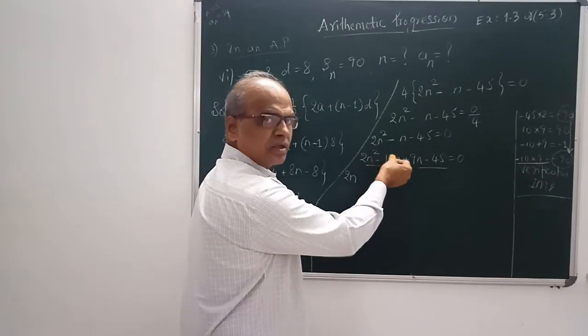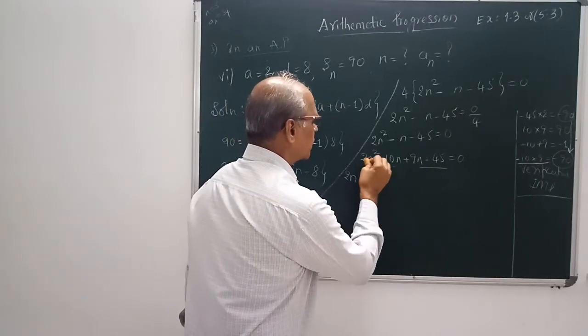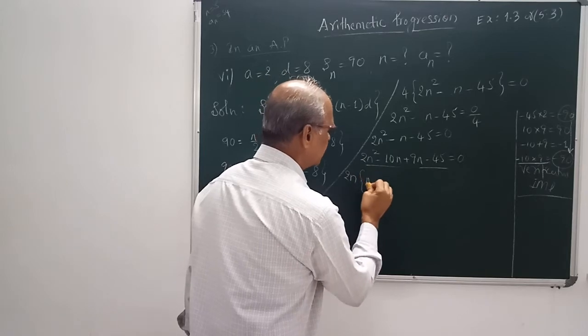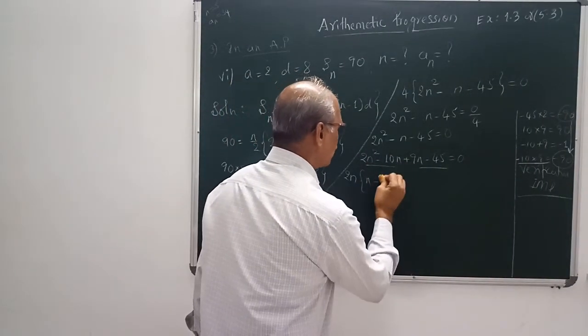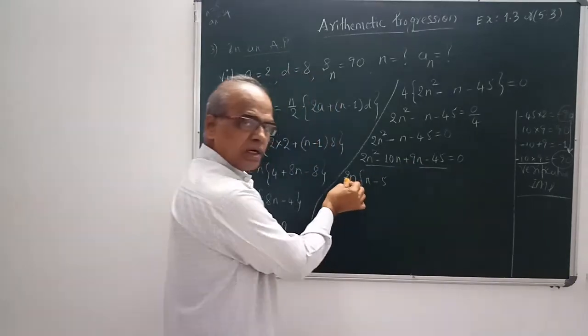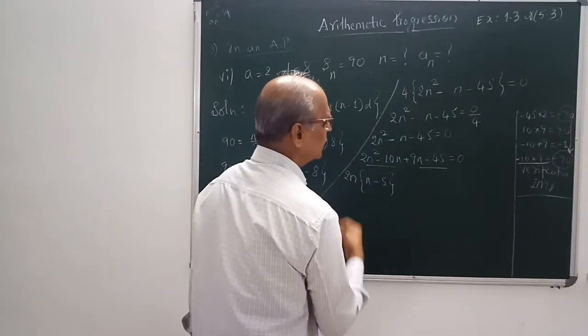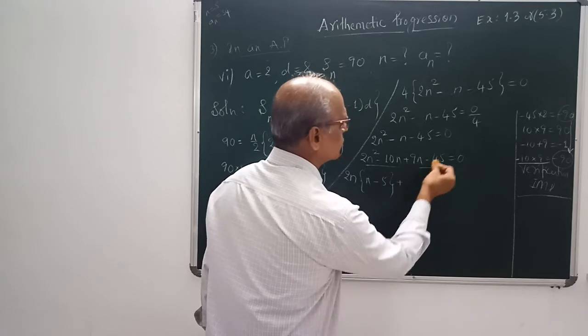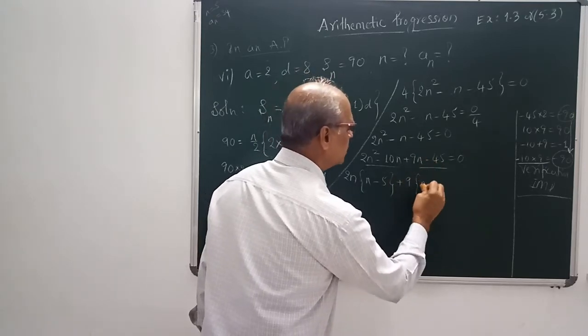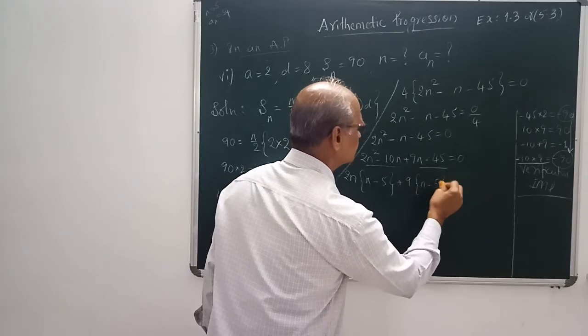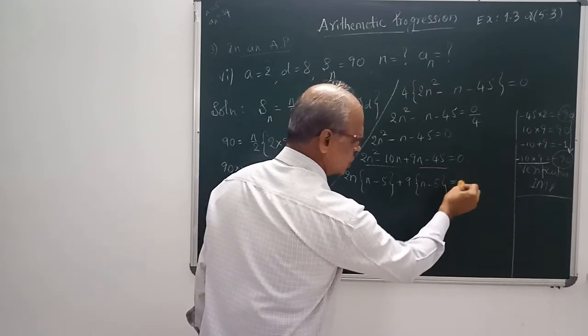Here 2 and 10, that means 2n is common. Here 2 has gone, n remains, 2 n's are there, so 1 n remains, minus 5, n has already been taken common. Next, here it is plus. What is common? 9 is common. That means the same thing has to come, n minus 5. 9 5s are 45, is equal to 0.